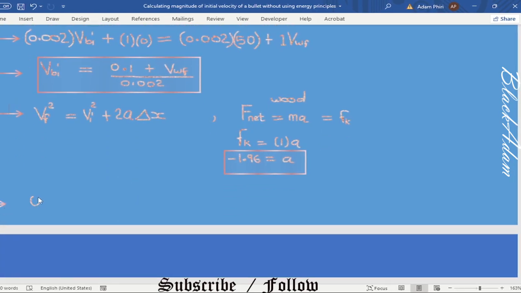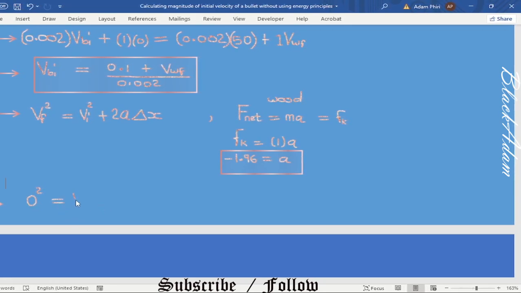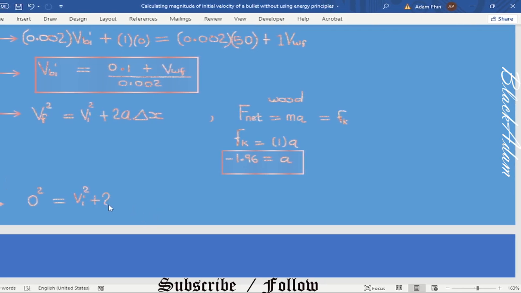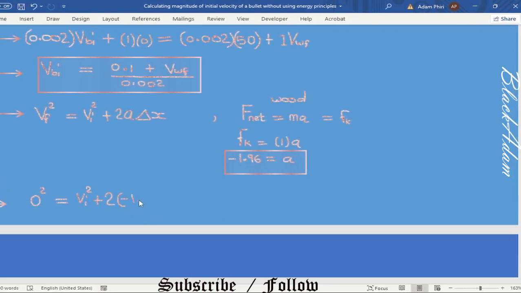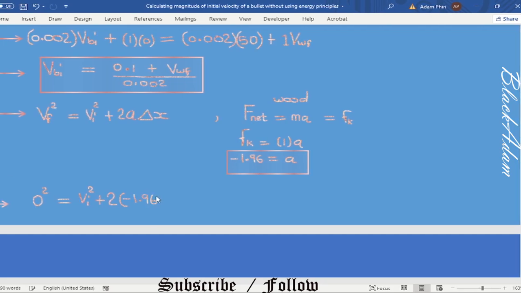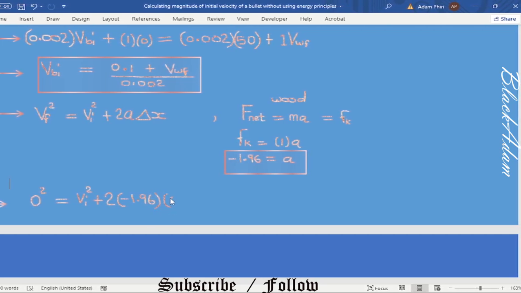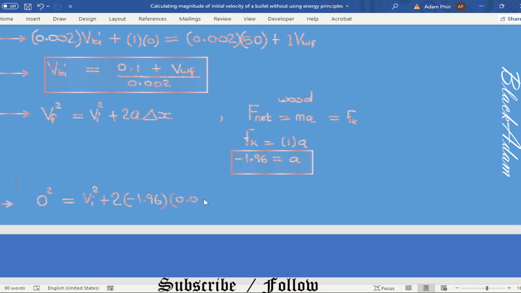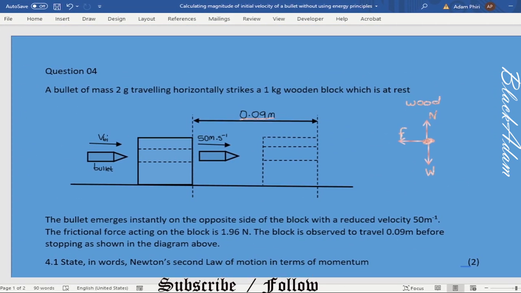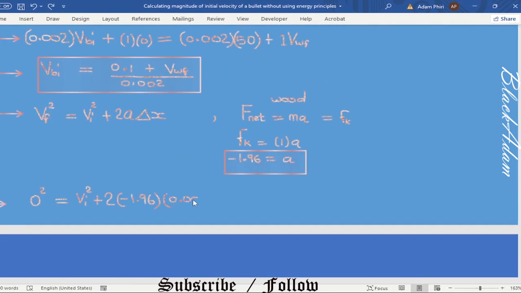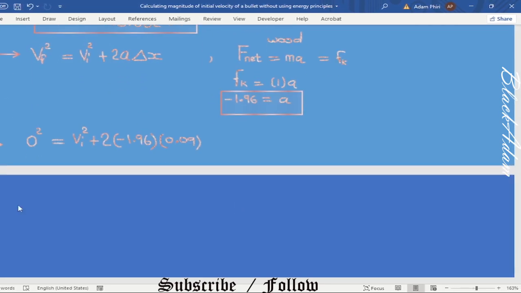And now we have to substitute: velocity final 0, velocity initial unknown, plus 2 times our acceleration, negative 1.96, and our displacement is 0.09 meter.